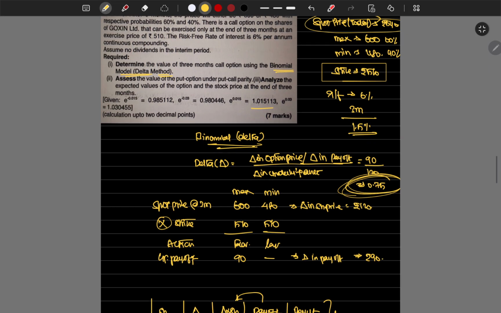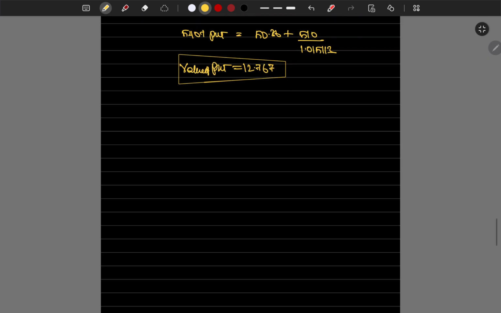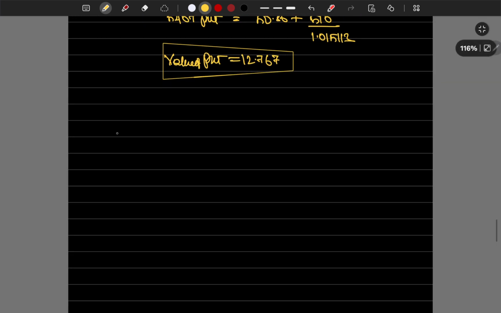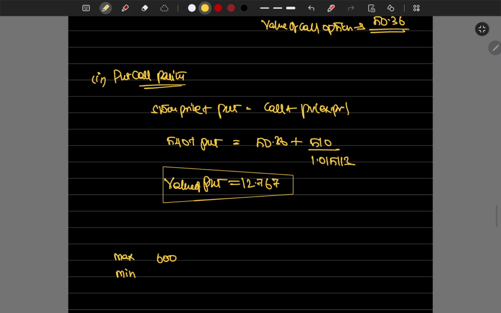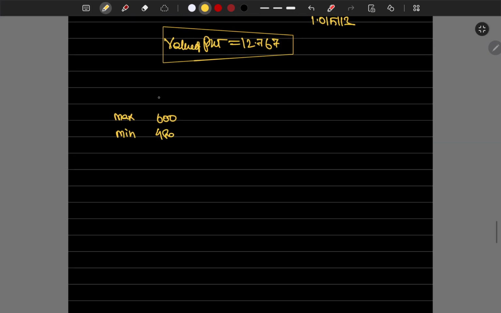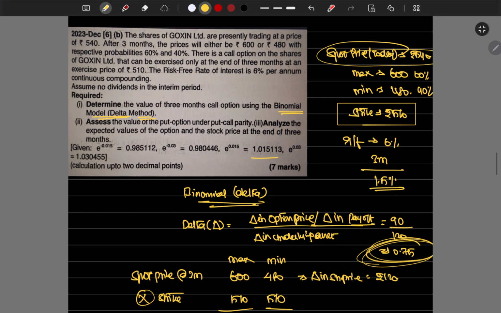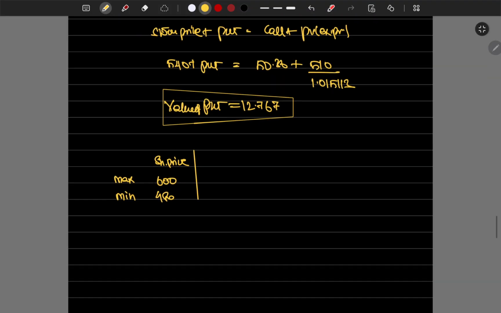Then comes the third one, which is expected value of option and the stock price at the end of 3 months. Expected value, max, min, 600, and then 480. What's the probability? 0.6, 0.4.